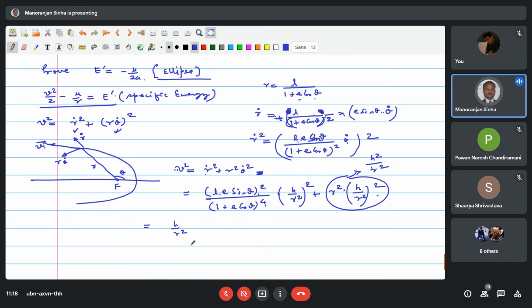Okay, and then this can be simplified. In the next step, what we can do here is separate out L by 1 plus E cos theta whole square, and we write here the rest of the things: E square sin square theta divided by 1 plus E cos theta whole square. And this is H square by R to the power 4, and plus this is H square by R square.